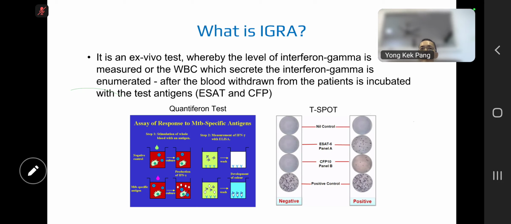And then for the QuantiFERON test, you are going to measure the level of interferon gamma secreted. Whereas the T-SPOT test, you are going to count how many of the white blood cells actually secrete the interferon gamma. And then if the number is significant, then it is considered a positive test.